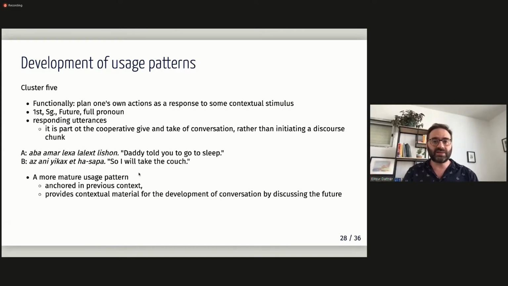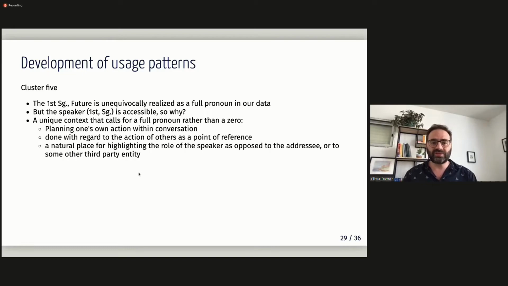by discussing the future. So in cluster 5, we see that the first person singular future is unequivocally realized as a full pronoun in the data. However, we asked ourselves, why is that? Because the speaker, the first person singular, is accessible, so why should it be marked as a full pronoun? We think the answer is that it is a unique context that calls for a full pronoun rather than a zero.